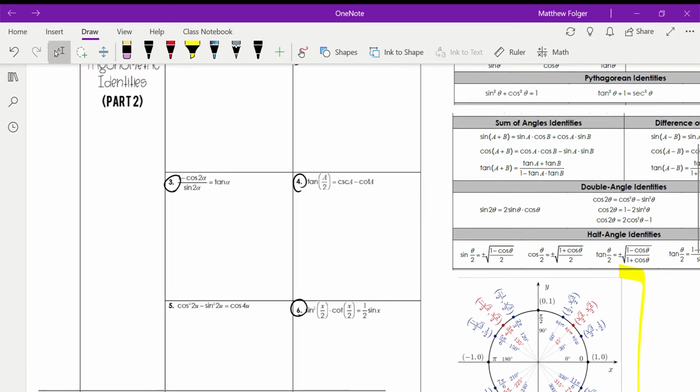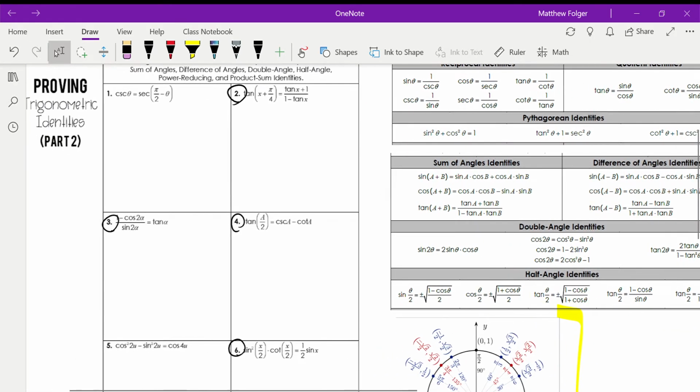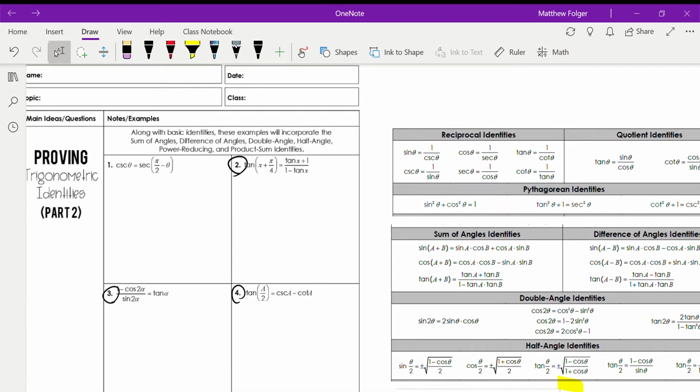So these are actually going to be using a lot of all the stuff that we've already done. So let's look at number 2. Okay, so just like any other trig proof, what we want to do is look for the side that we can simplify.